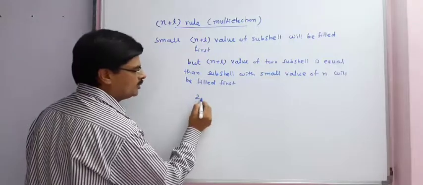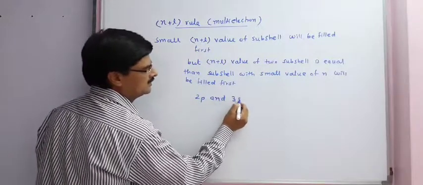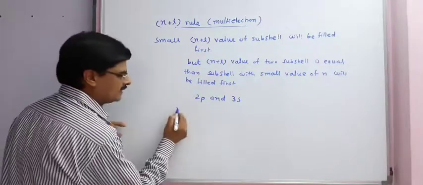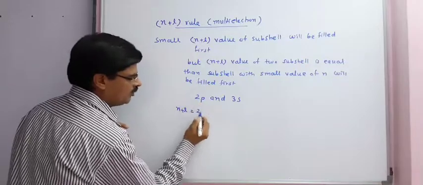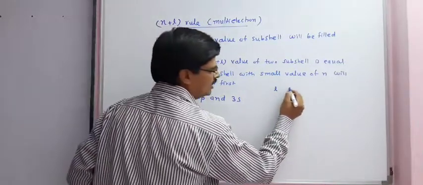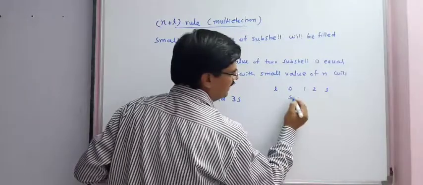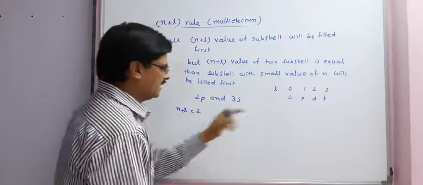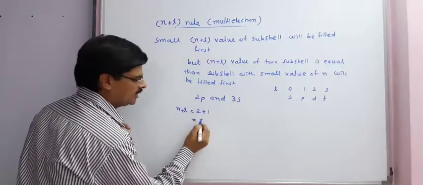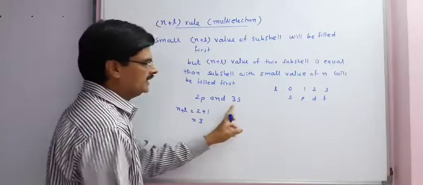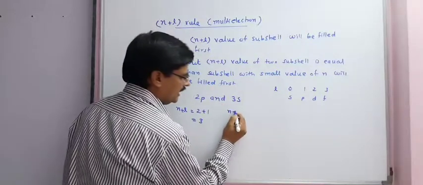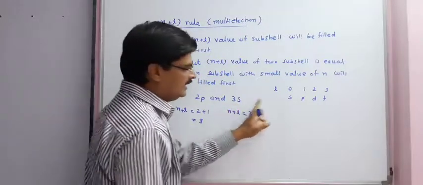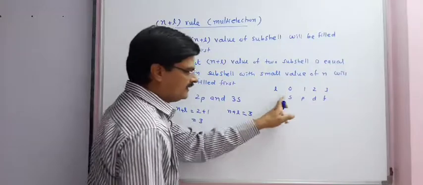Take the example of 2p and 3s orbital. We get n plus l, where n is equal to 2. And as we know, l values are 0, 1, 2, 3 for s, p, d and f subshells. So for p, we take 1. So 2 plus 1 is equal to 3. Same way for 3s, n is equal to 3, principal quantum number, and l value for s is equal to 0.